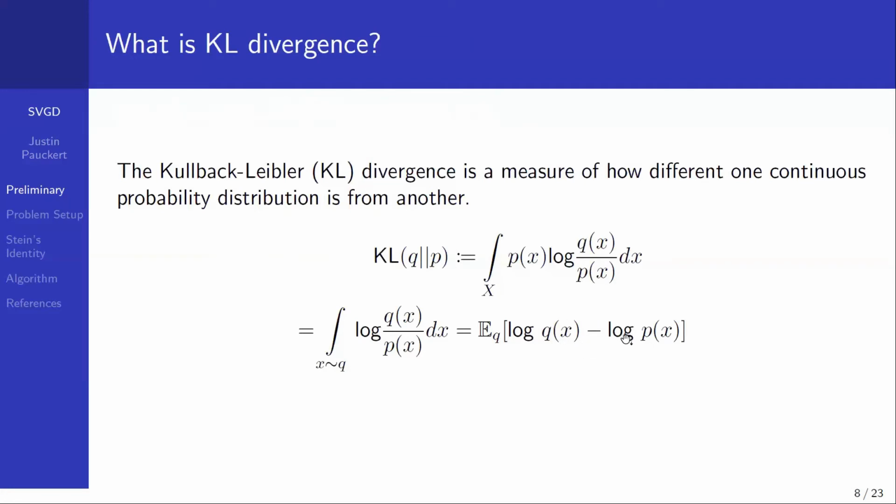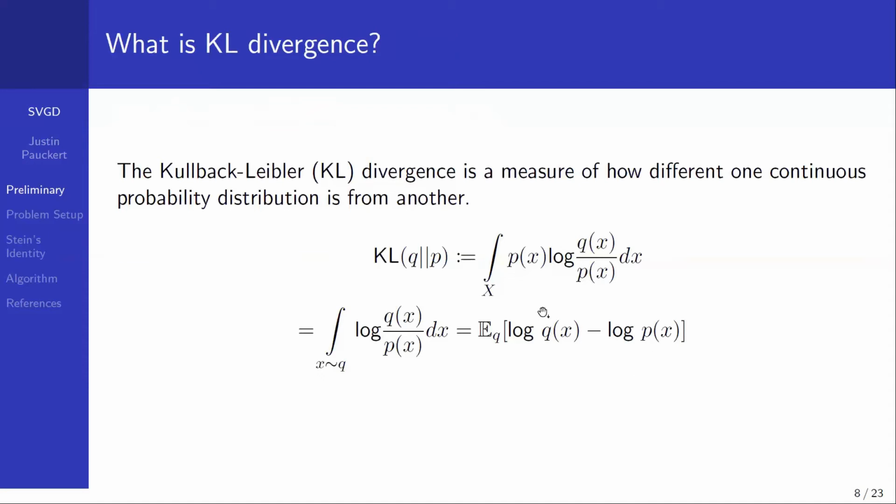And also, if you have two distributions that are very, very different, then there are not many points in which the densities are going to have similar values.